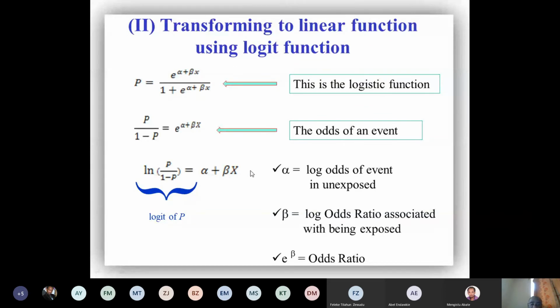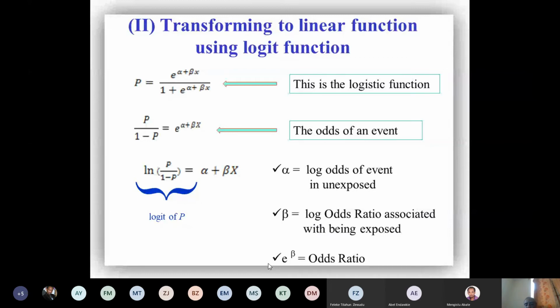So we interpret rather the exponent of beta, or the odds ratio.